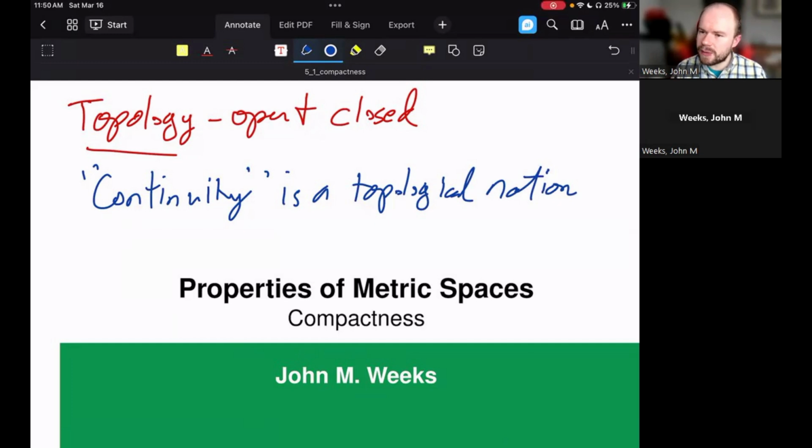Instead, we said that all that really has to happen is that open sets have inverse images that are also open. Or, as an equivalent notion, closed sets map back to closed sets when mapped through an inverse image of a function. That was all it needed for the function to be continuous.